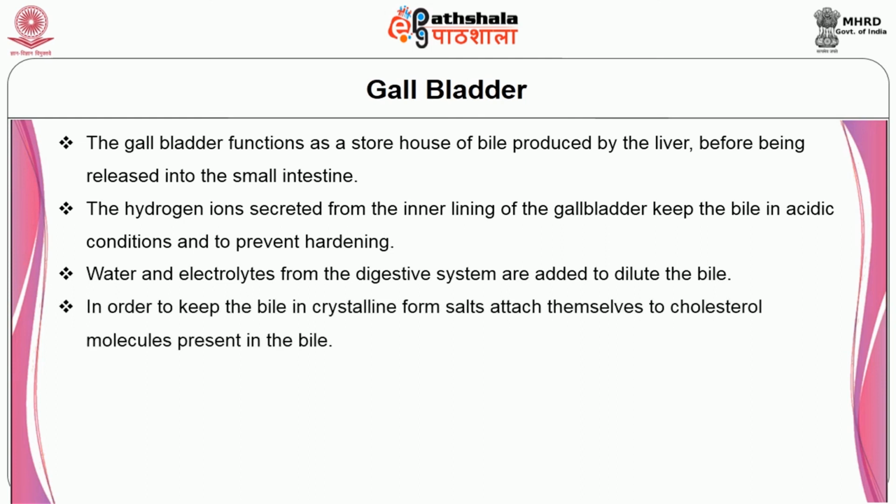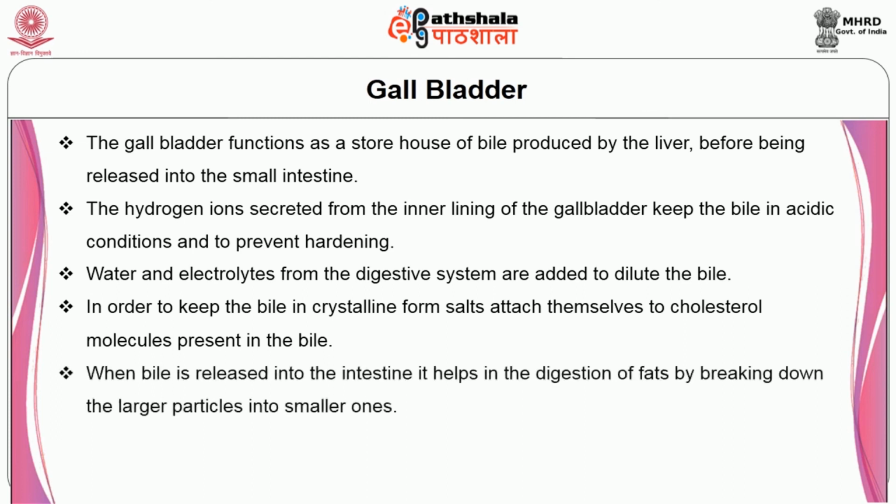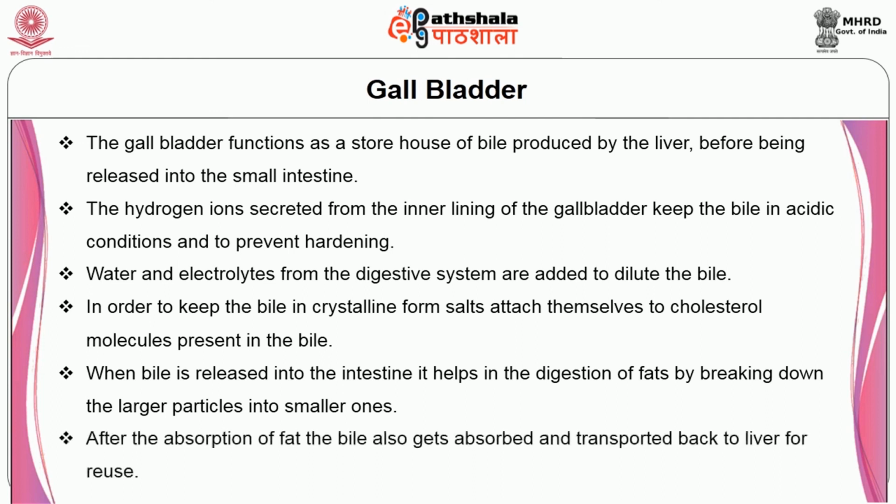In order to keep the bile in crystalline form, salts attach themselves to cholesterol molecules present in the bile. When bile is released into the intestine, it helps in the digestion of fats by breaking down these larger particles into smaller ones. After the absorption of fat, the bile also gets absorbed and transported back to liver for reuse.